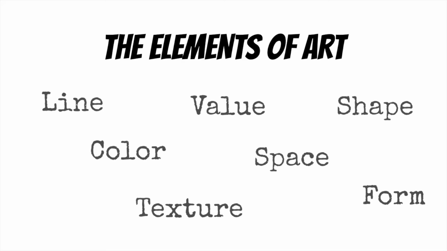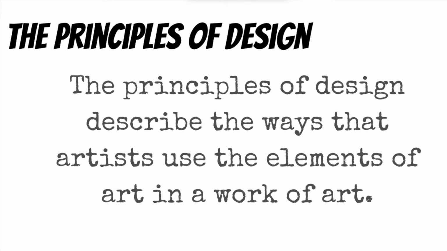All right. Who remembers the elements of art? Anyone? We talked about the elements of art a lot at the beginning of the year. As a reminder, some of the elements of art are line, value, shape, color, space, texture, and form. The elements of art actually tie to the principles of design.